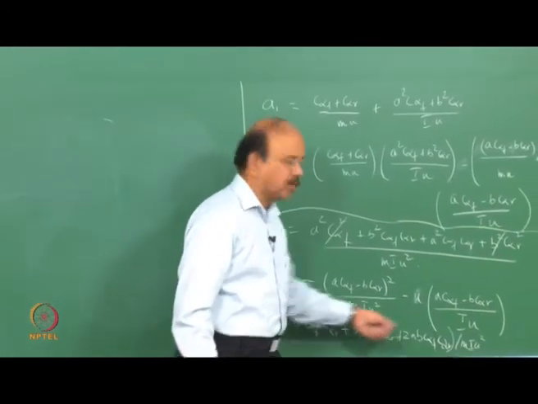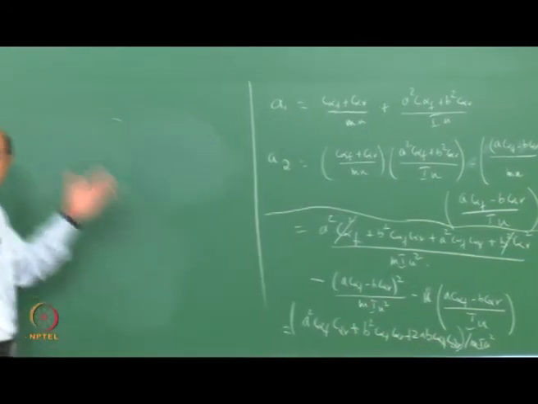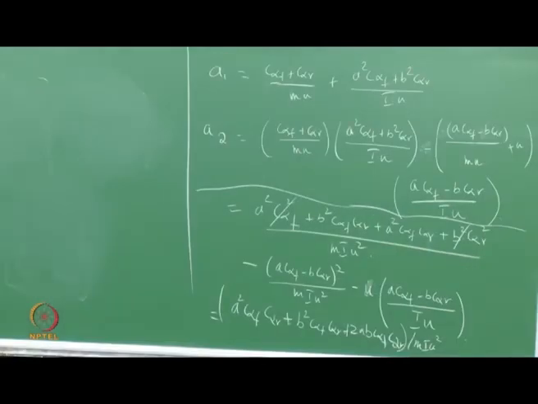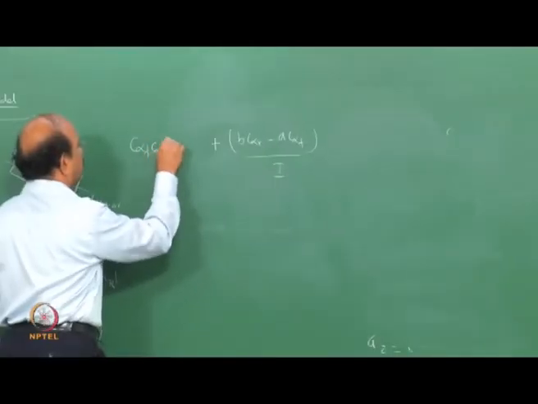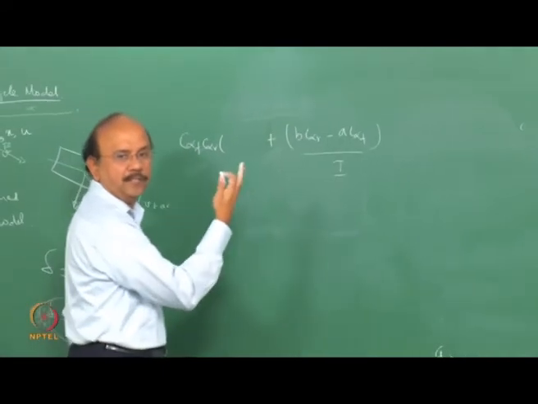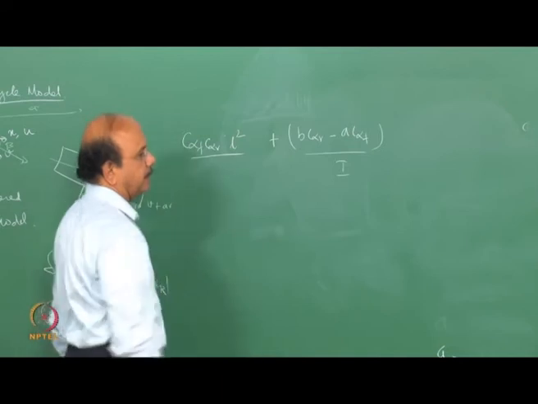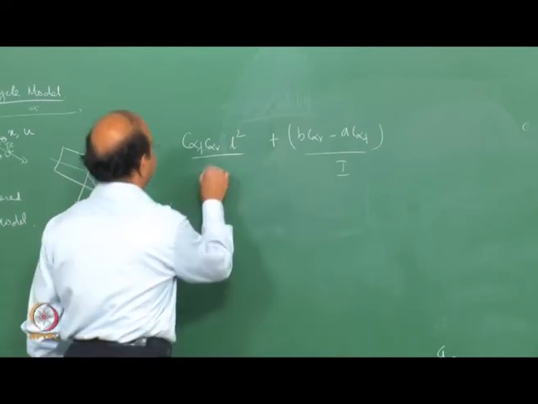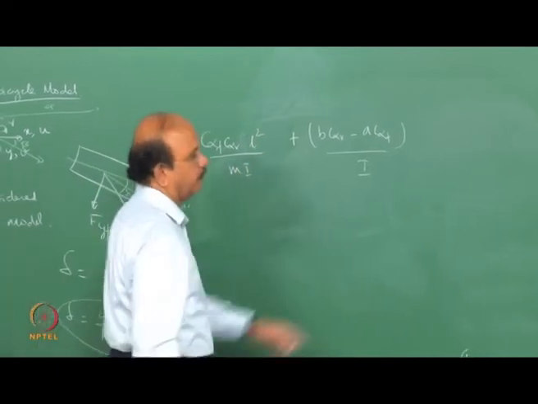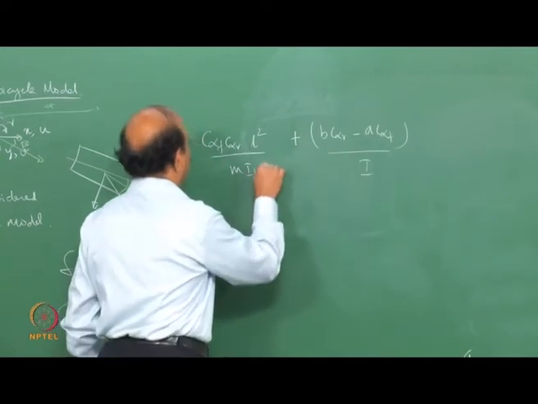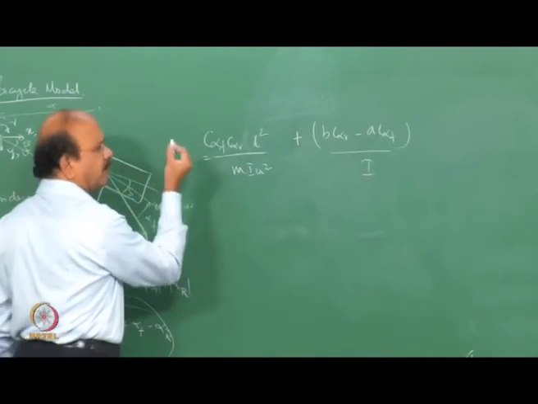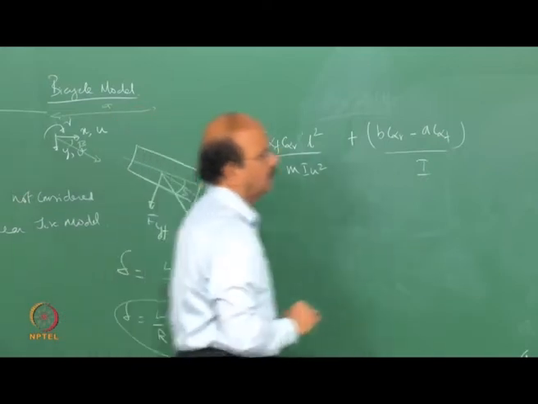It is A squared plus B squared plus 2AB. So C alpha F C alpha R, I can take that out. So I will write that as C alpha F C alpha R into (A plus B) whole squared, which is L squared, divided by m I u squared.